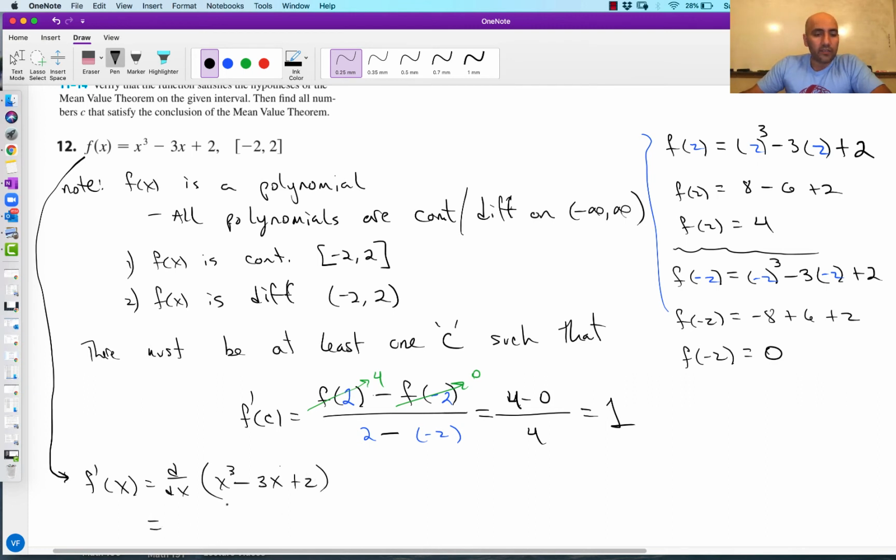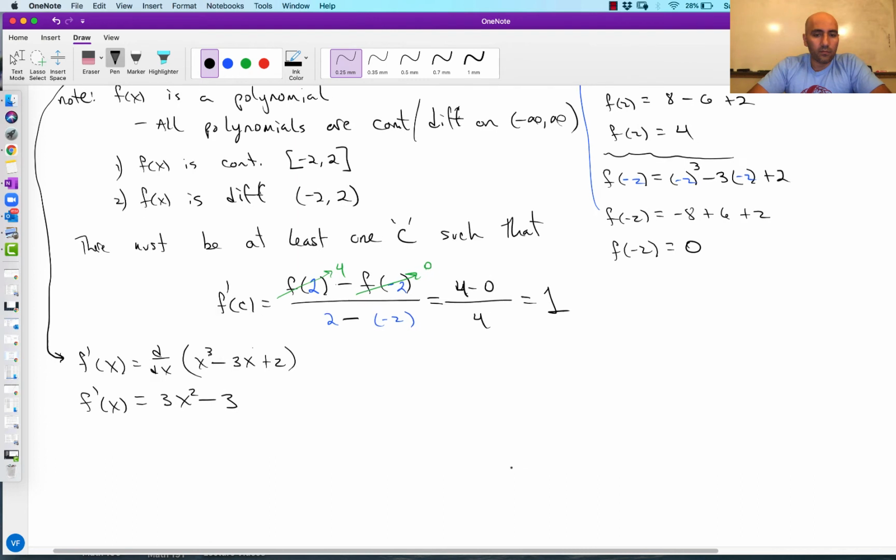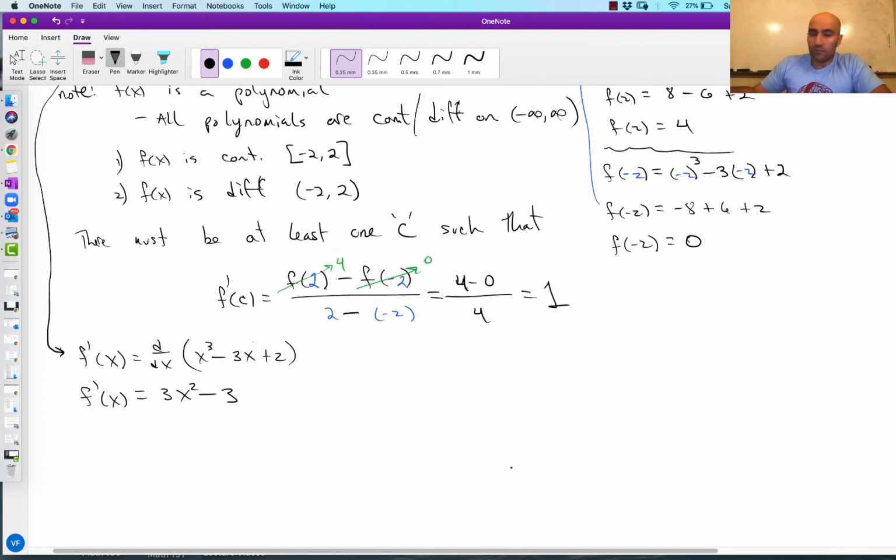Well, that's a very easy derivative. That's just going to be equal to 3x squared minus 3. So f prime of x is equal to this, and now we're trying to find a c value that makes this true. So here's the derivative.